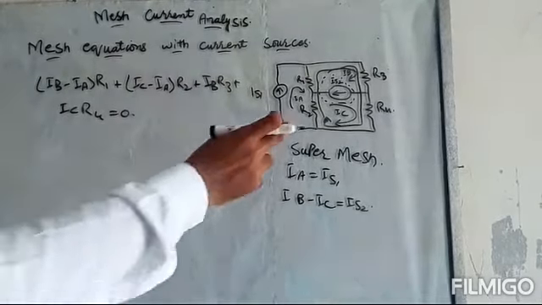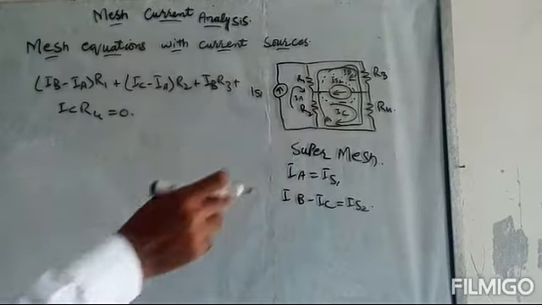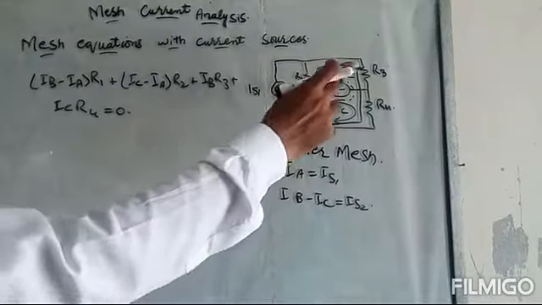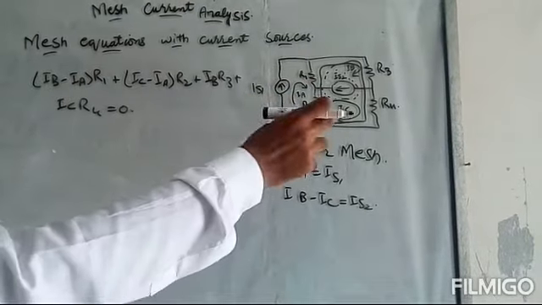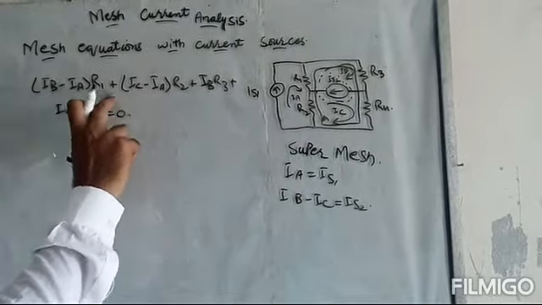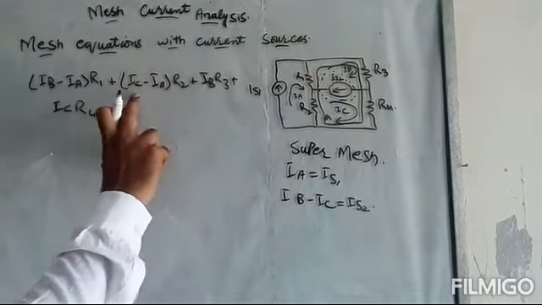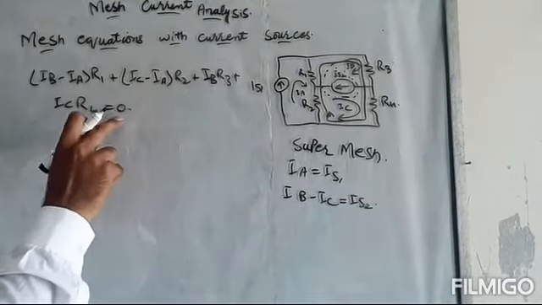In this way we traverse this complete loop, that is our super mesh, and we applied KVL and write the voltages of each element in the algebraic sum form, and it is equal to 0.